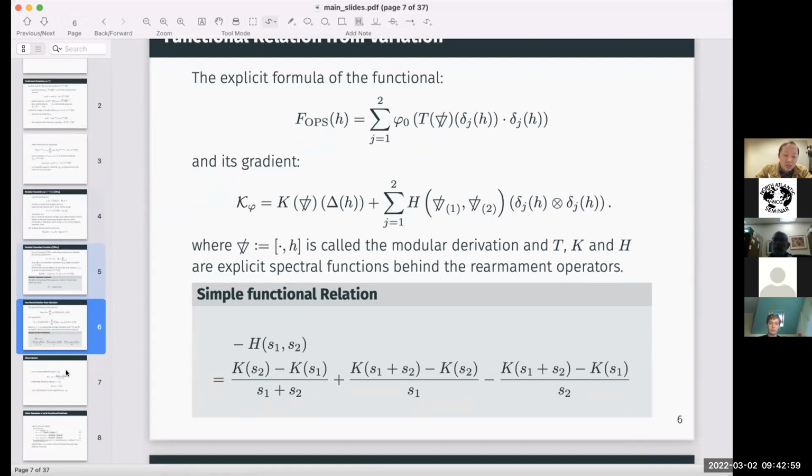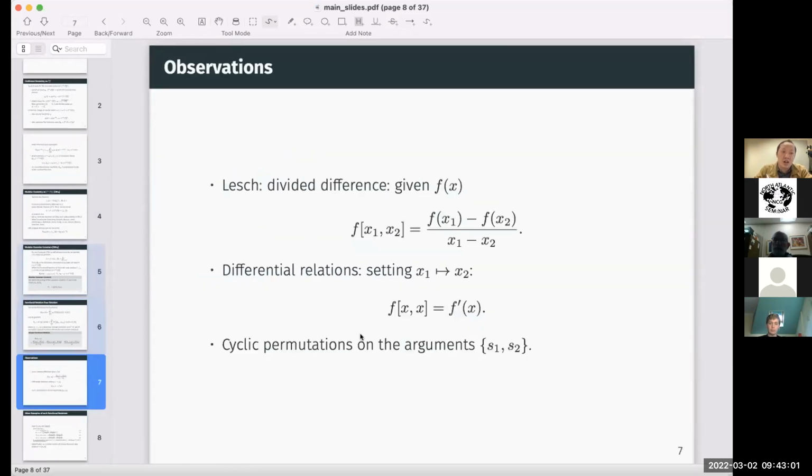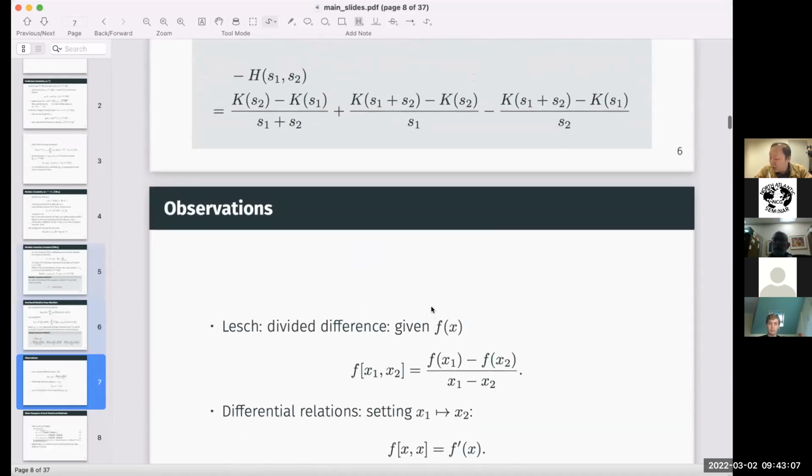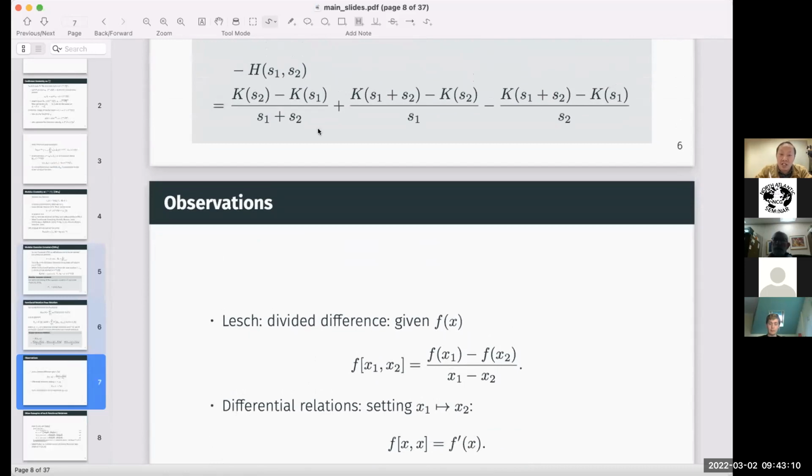Here is a list of observations you can grab from this explicit formula. First of all, if you look at the three terms on the right-hand side, you see the divided difference plays a crucial role in each term.